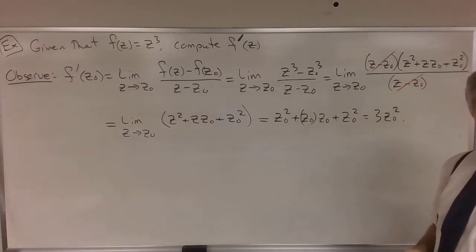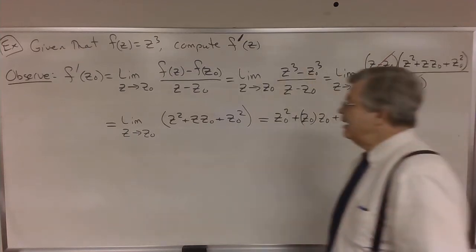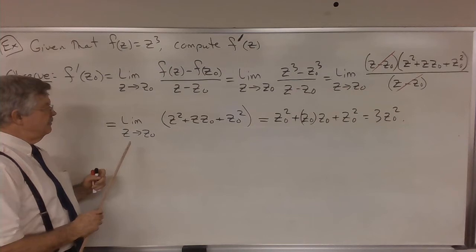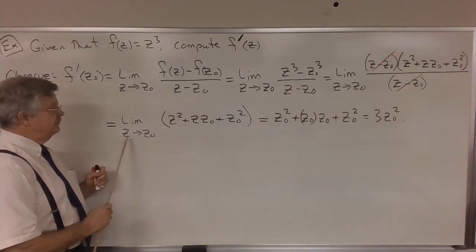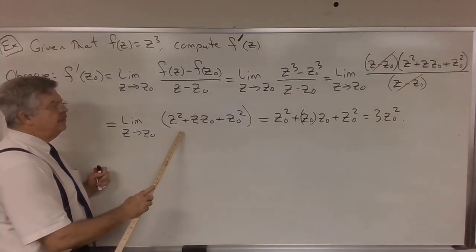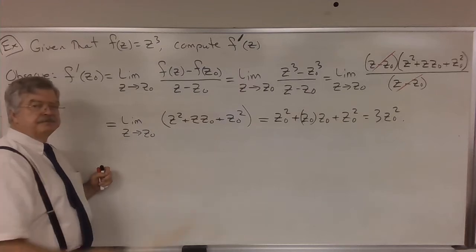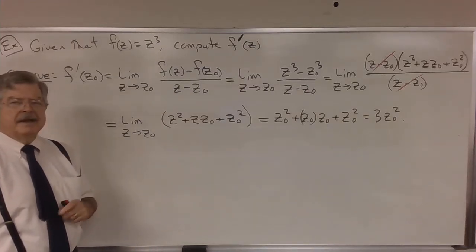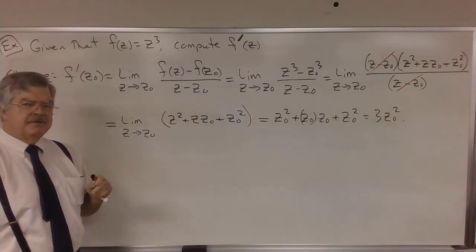But the only question is, what gives me the right to plug z naught in for z when I compute the limit of this function? And it has to do with continuity.